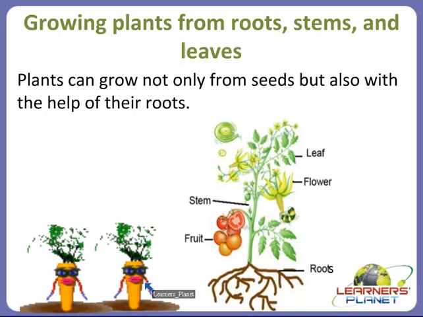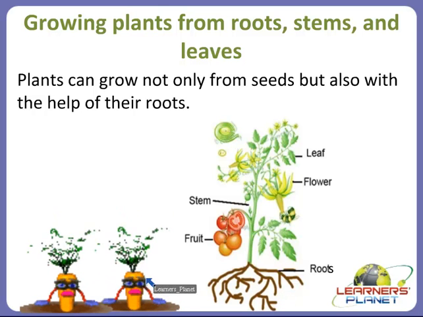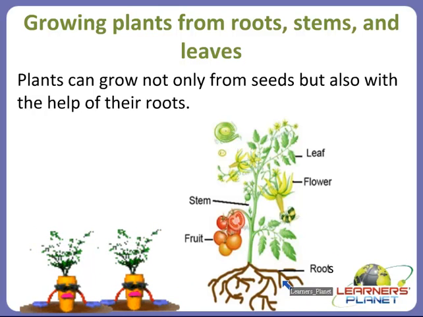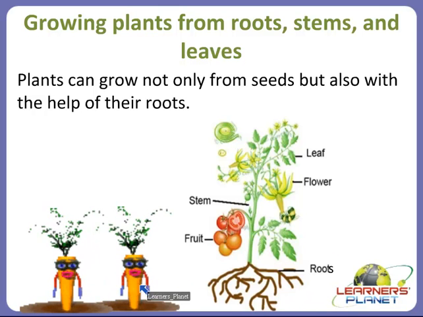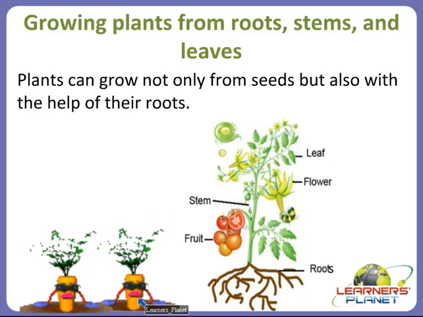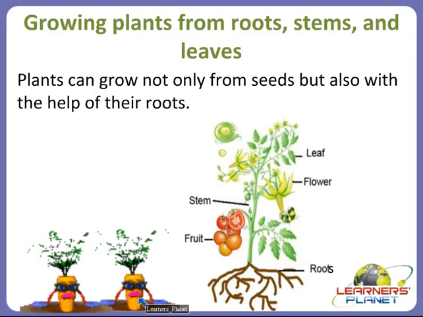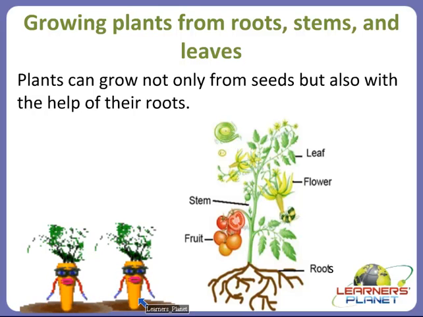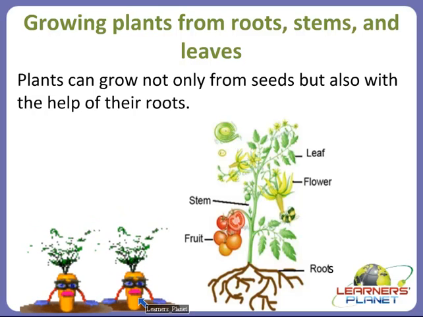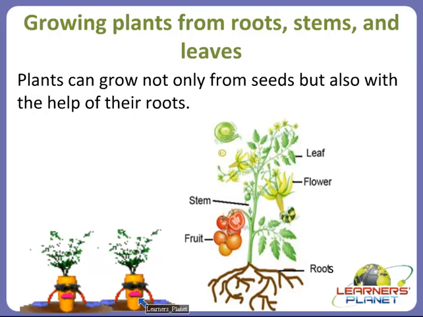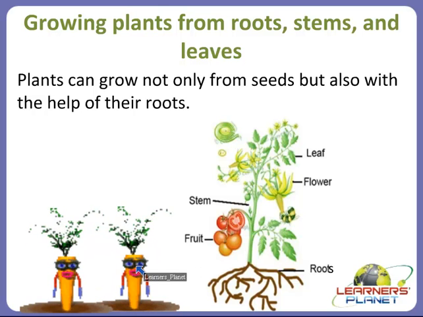Alright, for example carrot, right? Here you can see these are the roots, and you can also see this is the carrot. Carrot grows with the help of its root. How does it grow? Yes, a new plant can be grown from the top portion of a carrot.